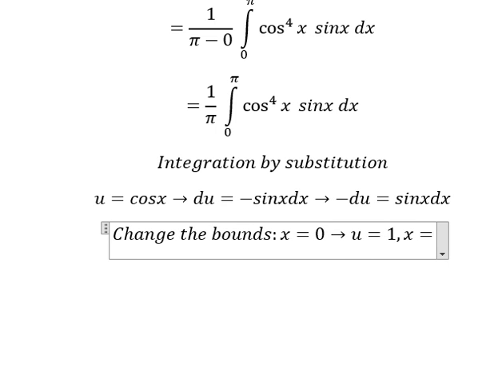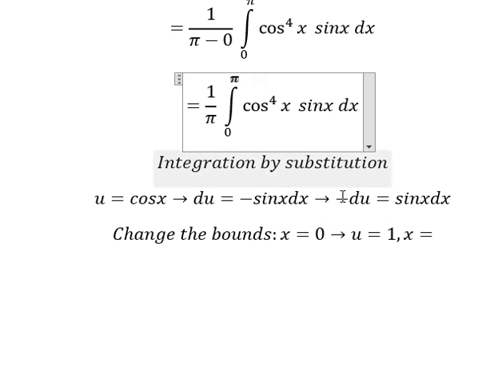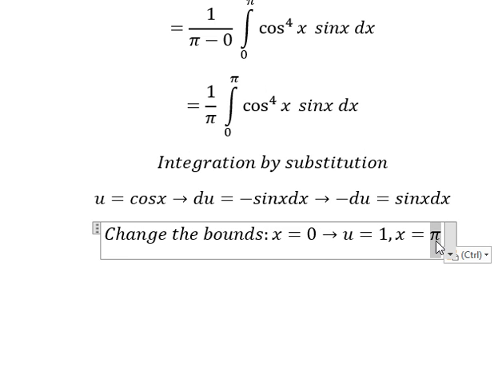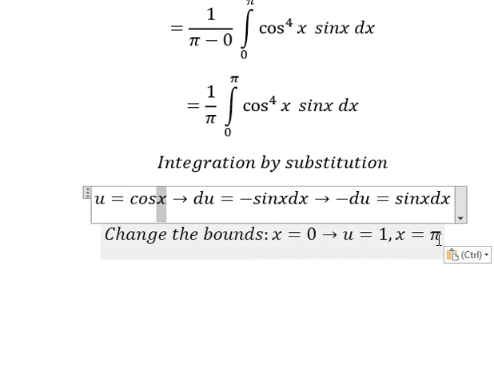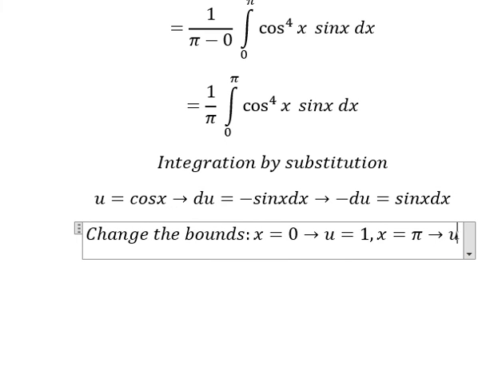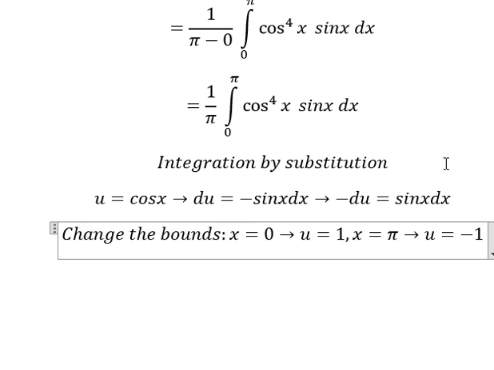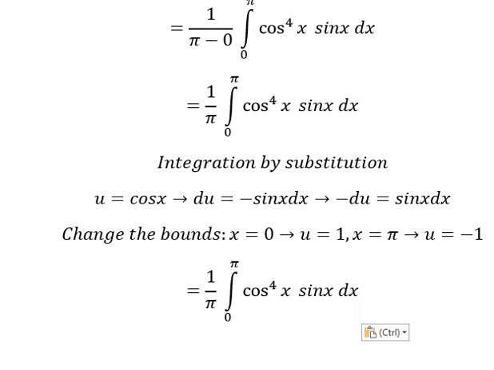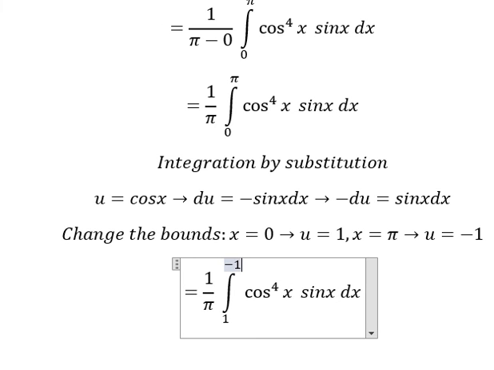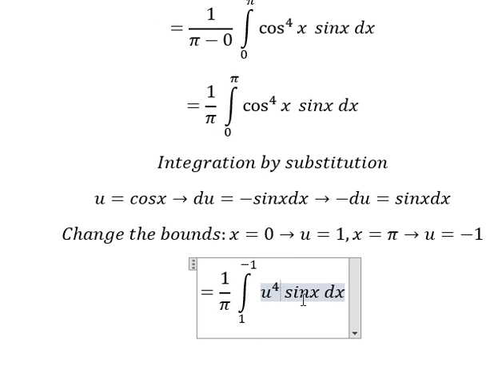When s equals b, I put b here, and you get u equals negative number 1. So number 0 we change to number 1, b we change to negative number 1, cosine s we change to u, sine s ds we change to negative du.